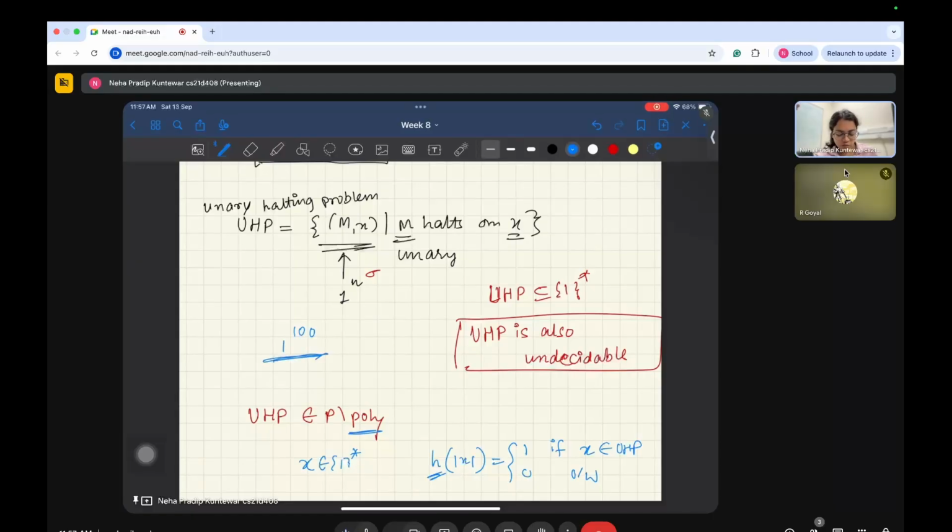No matter what input you give me, some ones, 1 to the n, whatever that n may be, and you want to decide whether it is in UHP or not. Because it's undecidable, you don't really have any machine that will be able to correspond to that language.